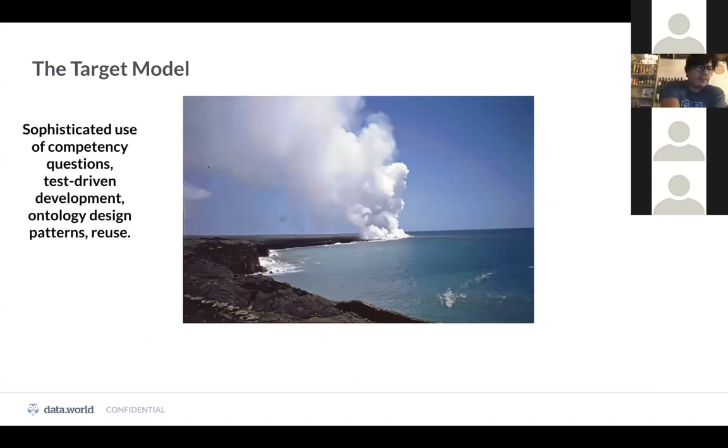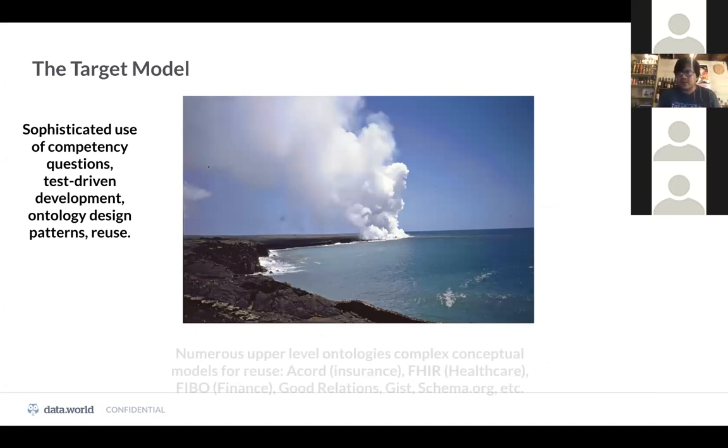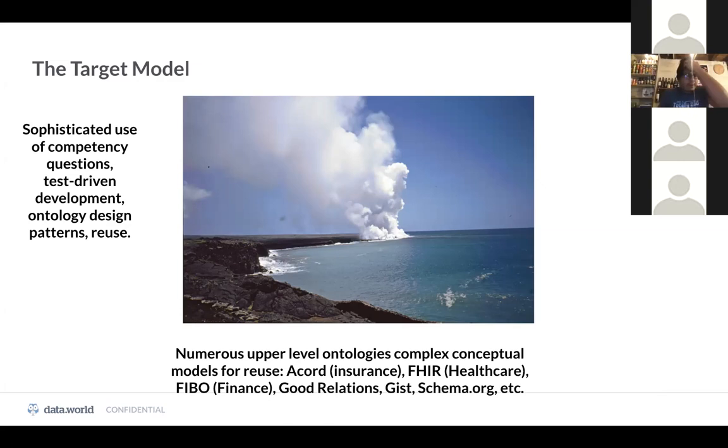First of all, over the last couple decades, there have been all these methodologies to develop conceptual models, these domain ontologies, and they're driven by competency questions, and there's test-driven development and design patterns and everything. They're very sophisticated to use. And then a lot of industries develop their own conceptual models, or their own upper ontologies.